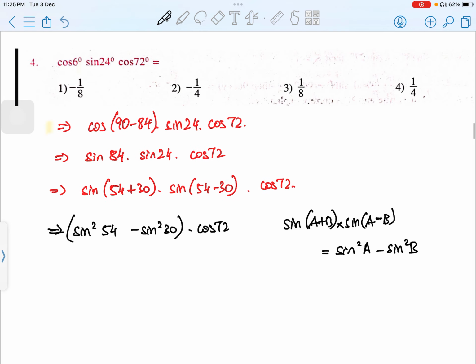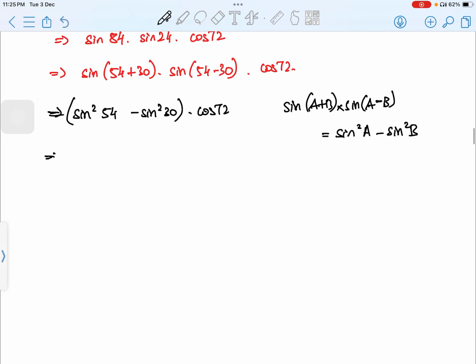Now almost everything we know. Why? Because cos 72 degrees is equal to root 5 minus 1 by 4, and sin 54 we need. Sin 54 is nothing but root 5 plus 1 by 4, and the sin 30 we already have.